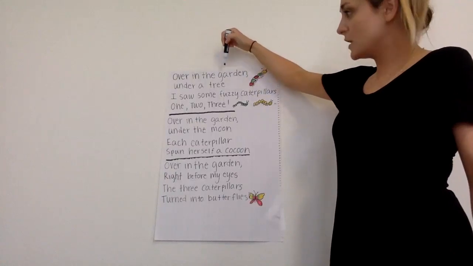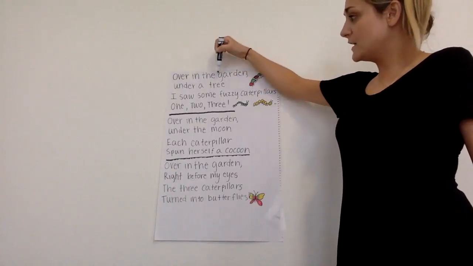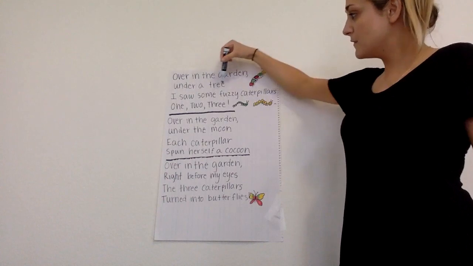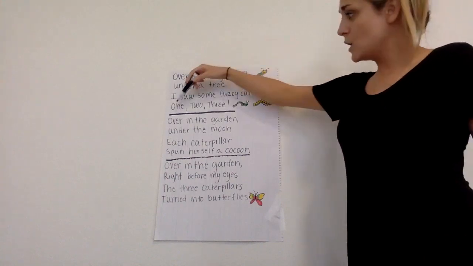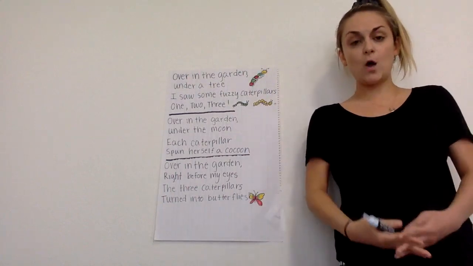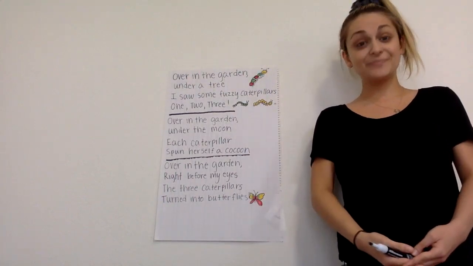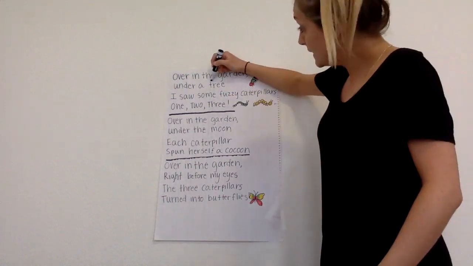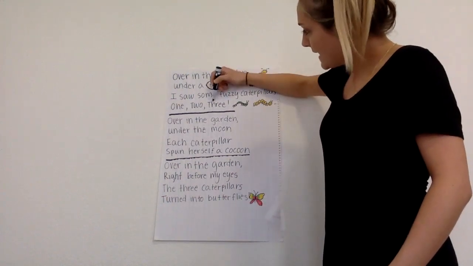Over in the garden, under a tree, I saw some fuzzy caterpillars. 1, 2, 3. What in the first section of our poem rhymes? Very good. Tree and 3.